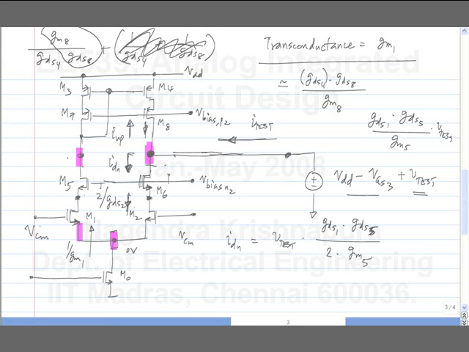What is the current that flows up? Plus I down flows this way, and this is a current source. So it flows back into M1 and gets mirrored all the way through M7, M3 and M4, M8.